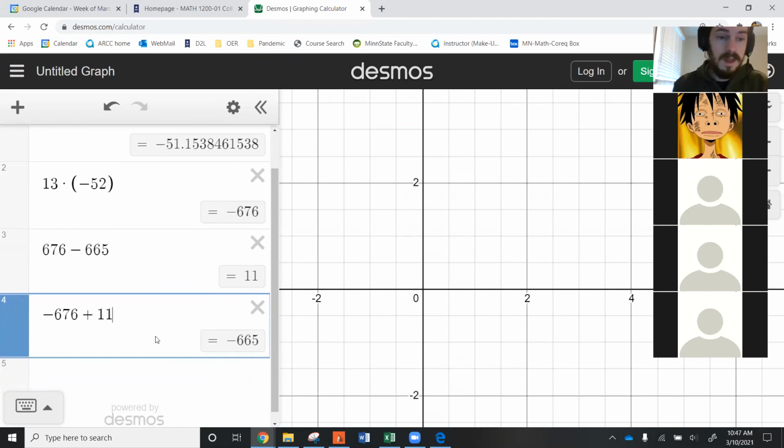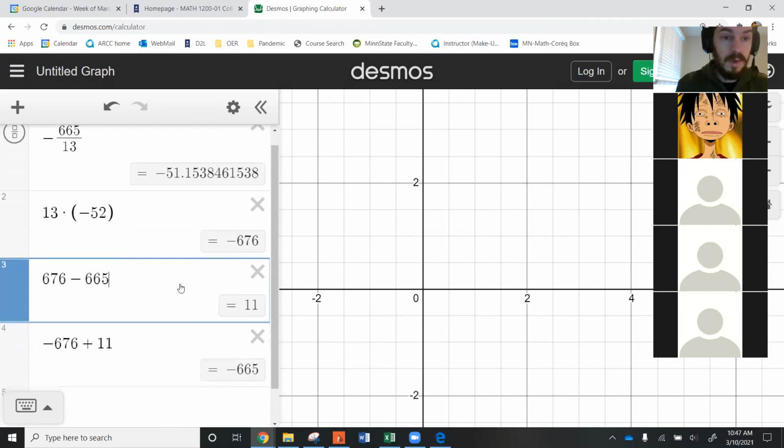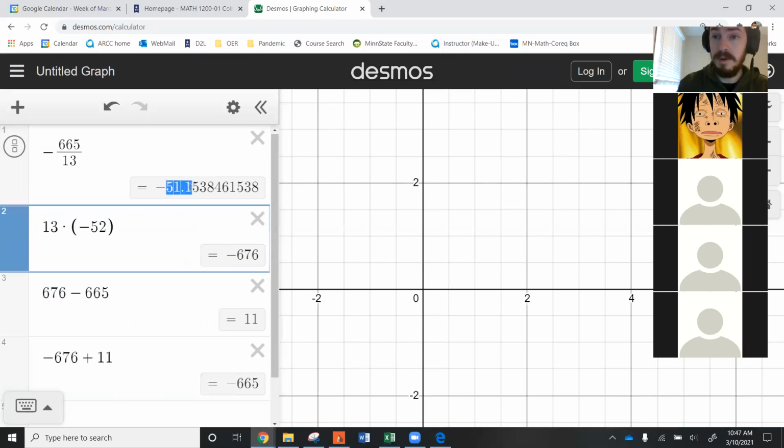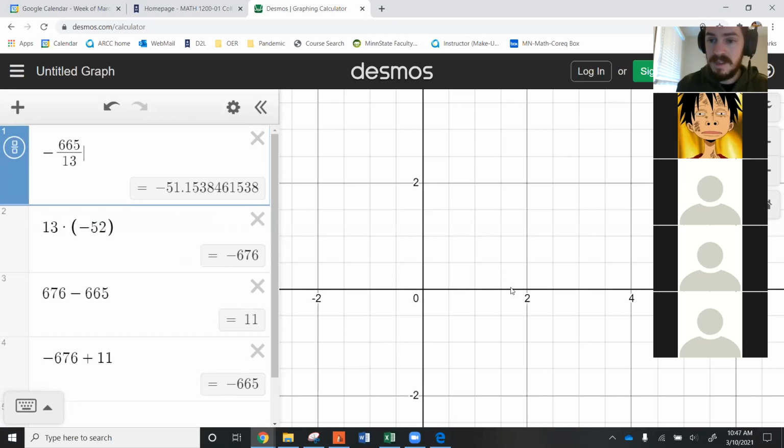There we go. So it's going to be 11, right? Negative 665 is 11 more than a multiple of 13. 676 is our closest multiple of 13 which is less than it. And I got that just by doing this division and then rounding that integer down. Does that make sense?